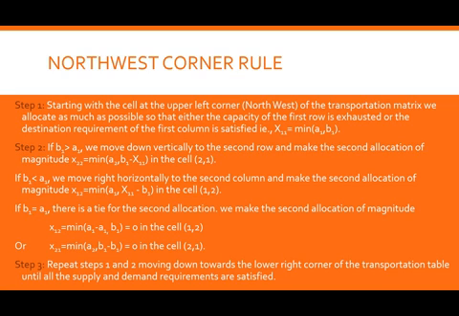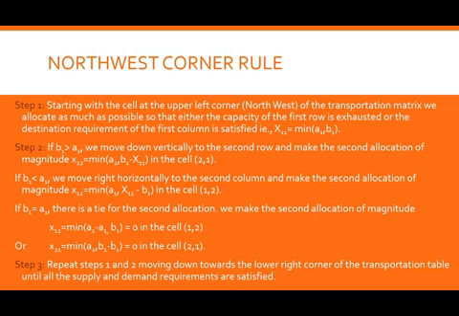Step one of computing the IBFS using NWCR is starting with the cell at the upper left corner, top left corner. That is why it is called north west corner rule.